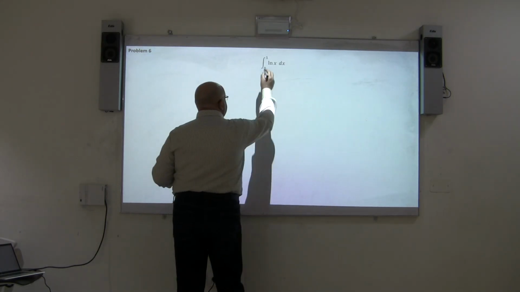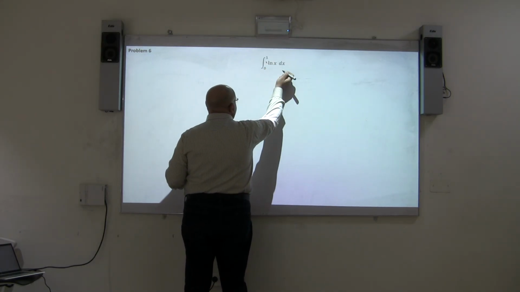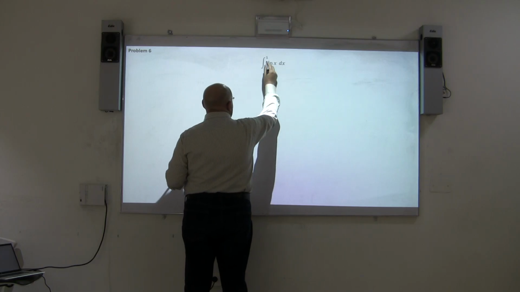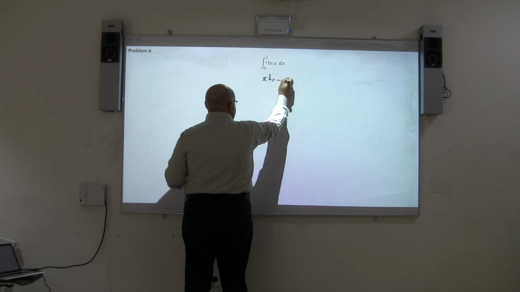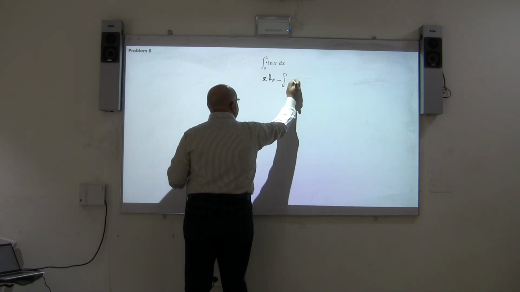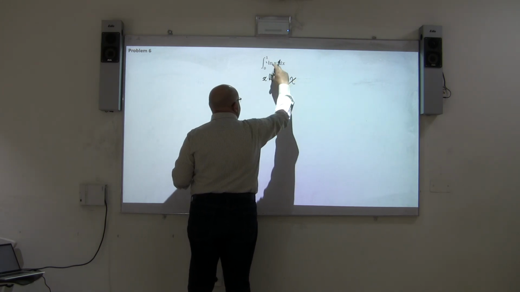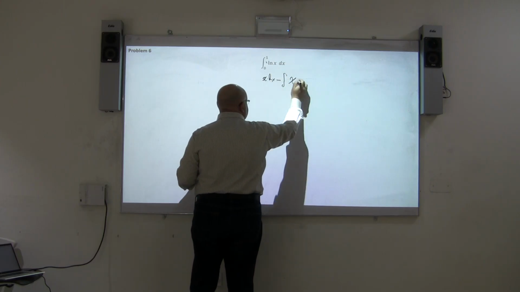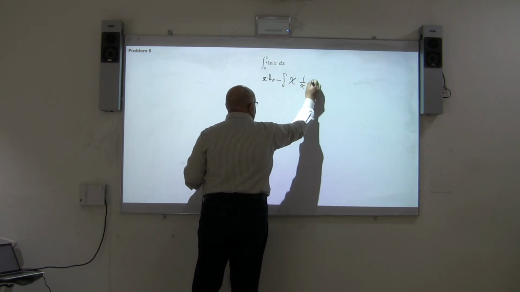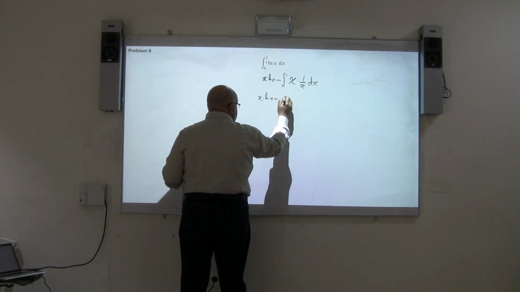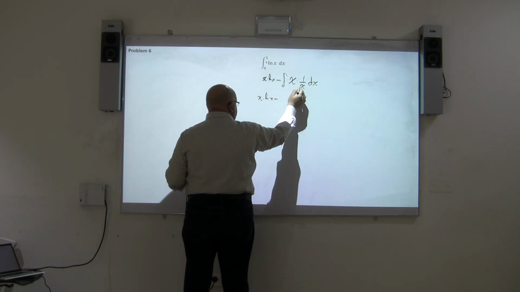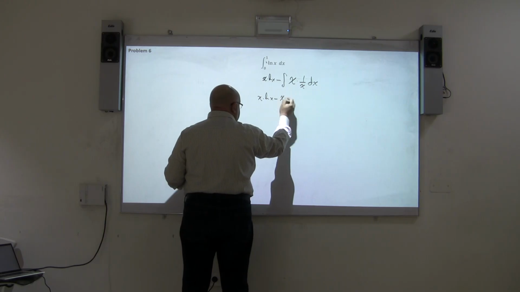I will consider ln of x times 1, as you know. Then integrating 1, it's going to be x times ln of x minus the integration of the integrated part, which is x, the untouched part, which is ln x, the differential is going to be 1 over x.